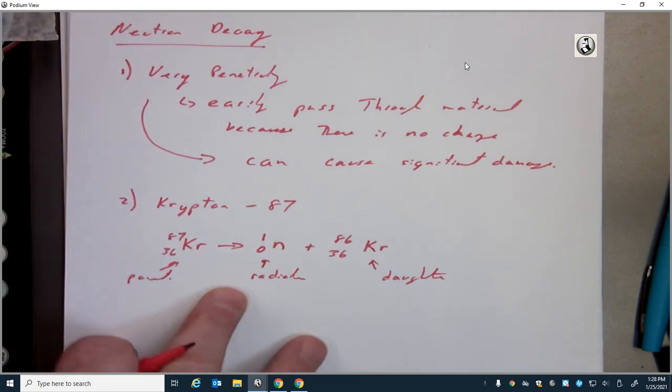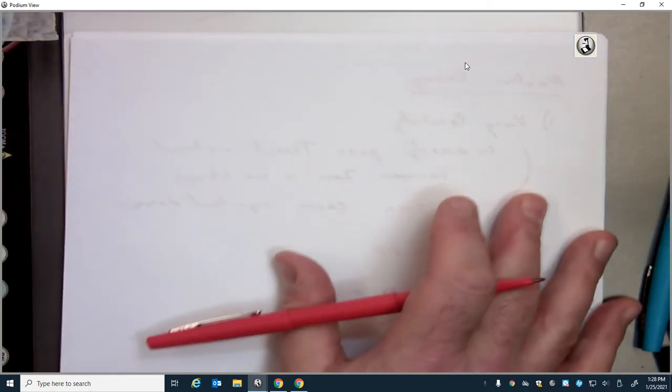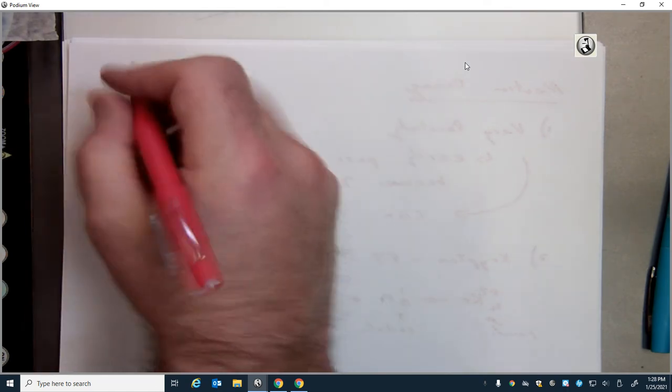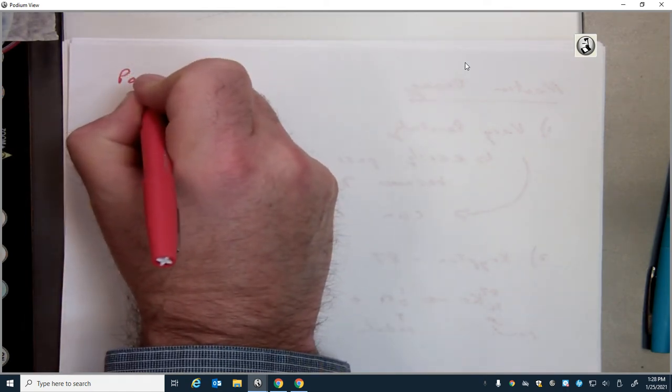All right, so let's go through our next type, and this is called positron emission.